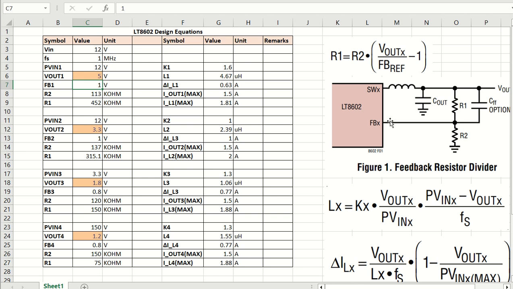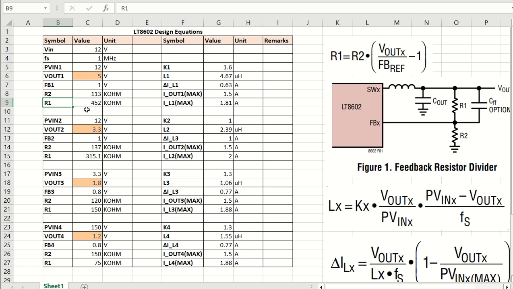If you utilize this formula, you will be able to calculate the values of R1 and R2. R1 is equal to R2 into (VOUTx divided by VREF, the feedback reference voltage, minus 1). Let us say the R2 value is assumed to be 113 kilo ohm, then R1 will be calculated as 452 kilo ohms.